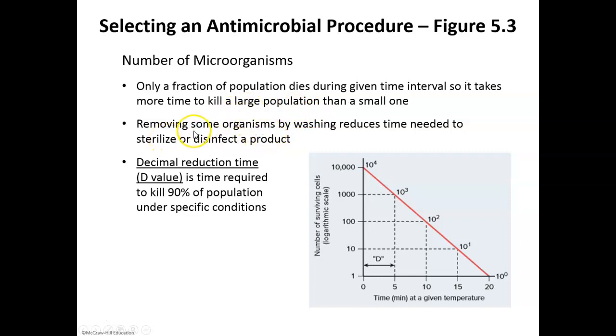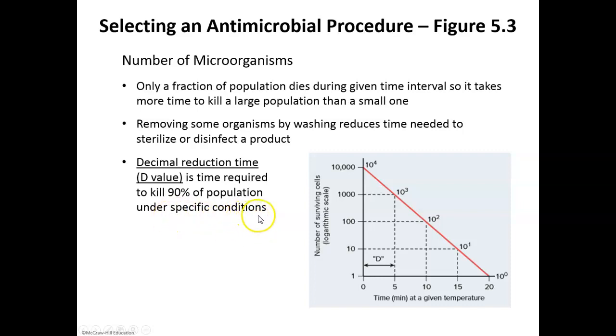And so when microbes die, they die kind of the same way they grow. They grow exponentially. They die exponentially, but they die at a slower rate exponentially than they grow. And so their reduction time, decimal reduction time, or the D value, is the time required to kill 90% of a population under specific conditions.